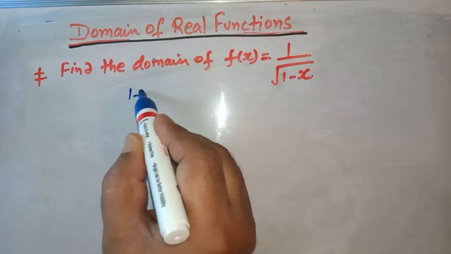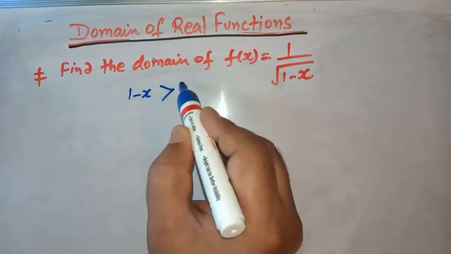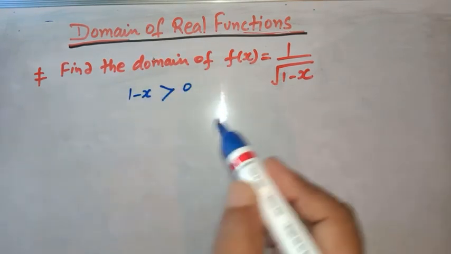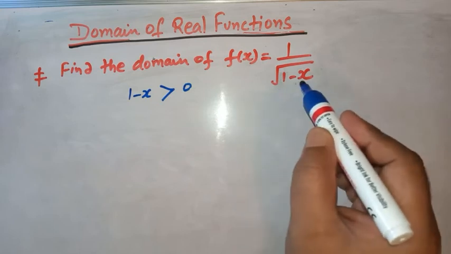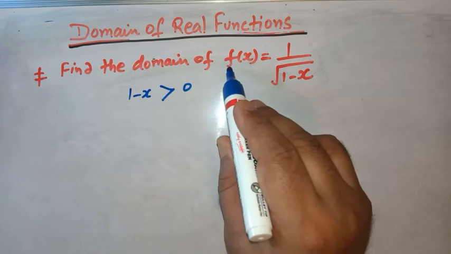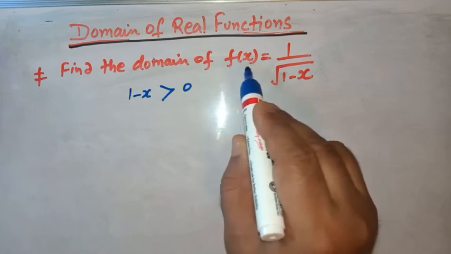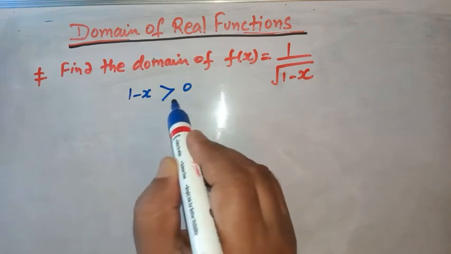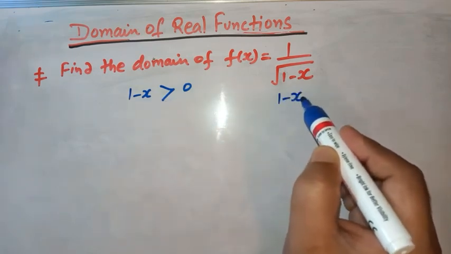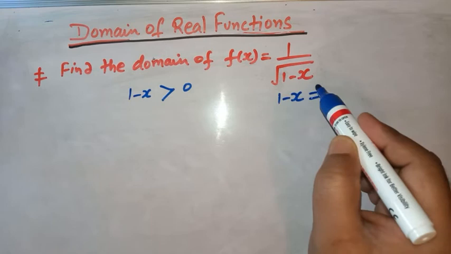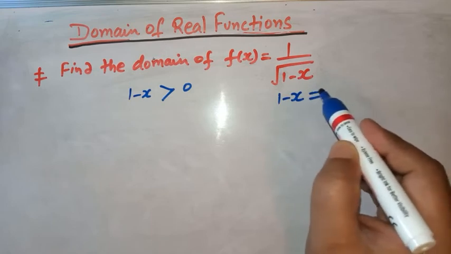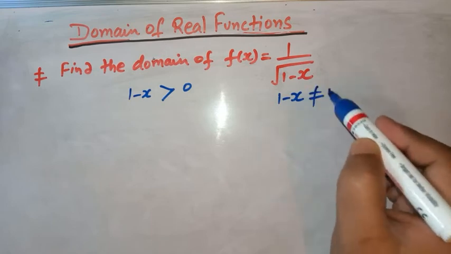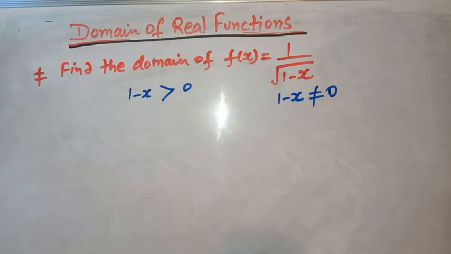So 1 minus x must be greater than 0, and moreover 1 minus x should not be equal to 0, because in that case f becomes infinite or not defined. Clear? It should not be equal to 0.